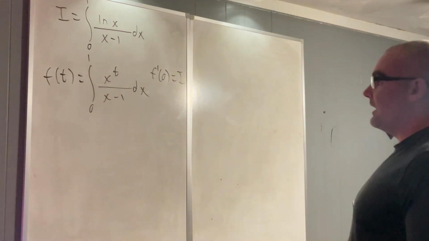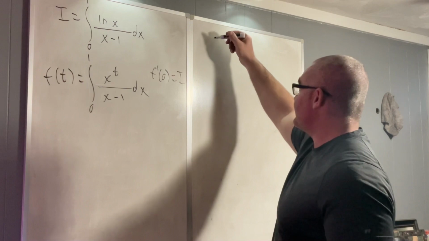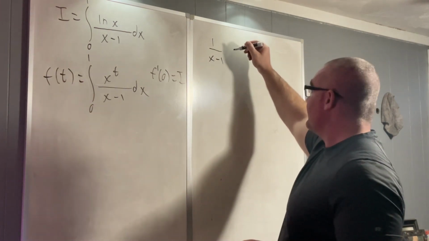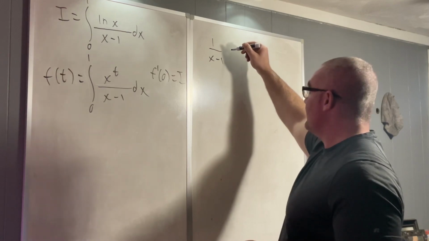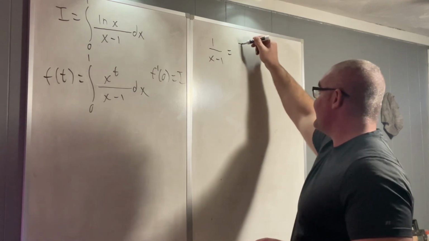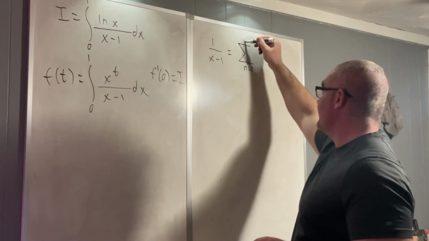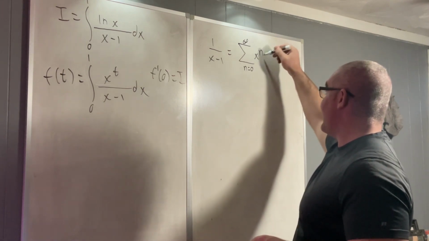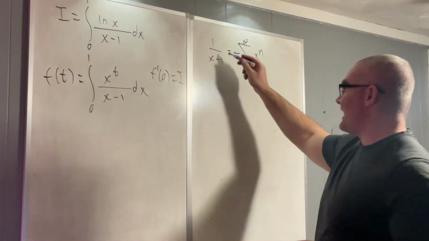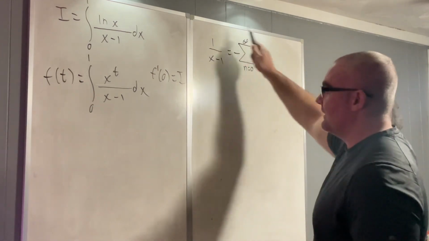So let's use the fact that 1 over 1 minus x is equal to the sum from n equals 0 to infinity of x to the n. But we would need a negative sign because this is actually negative 1 over 1 minus x. So we'll use this fact right here.